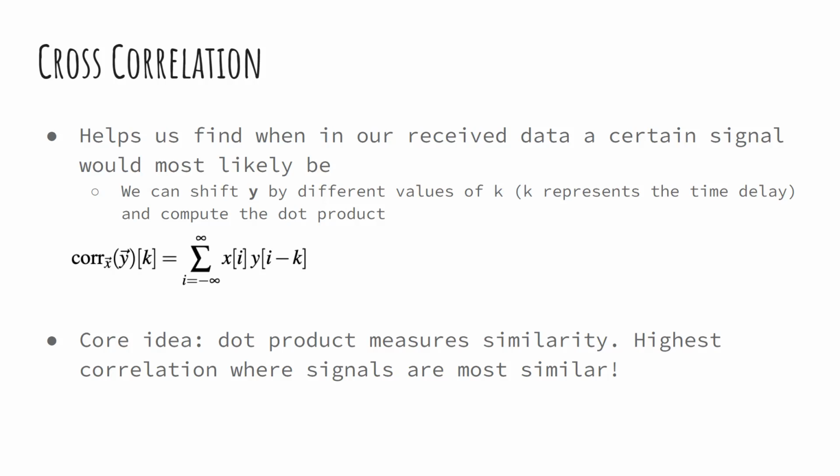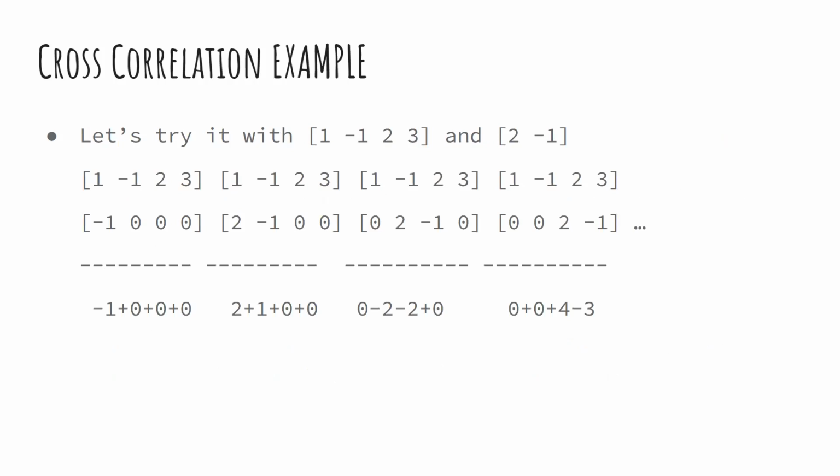Let's go through an example, because I remember when I was first learning this, these formulas looked really confusing. Let's say 1, -1, 2, and 3 is our data, and 2, -1 is the signal we're trying to find. Let's look at the first entry.